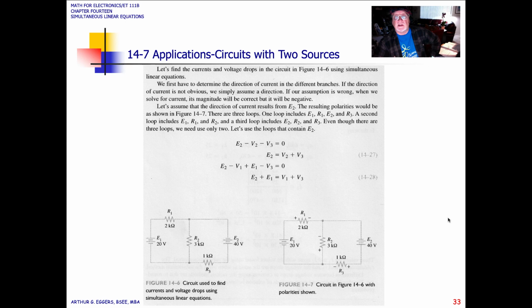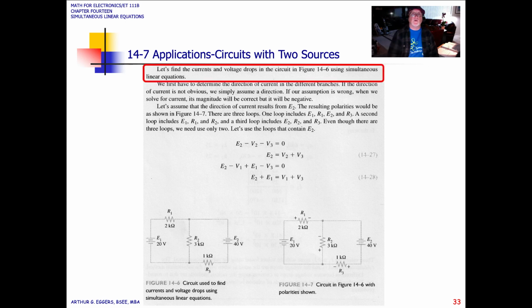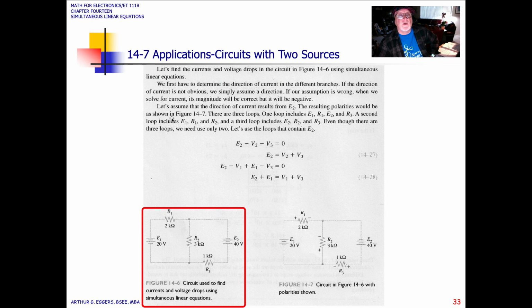So in the next set here, 14.7, we're looking at circuits that have more than one source. If we find the currents and voltage drops in the circuit for 14.6 below using simultaneous equations, we first have to determine the direction of current in the different branches.